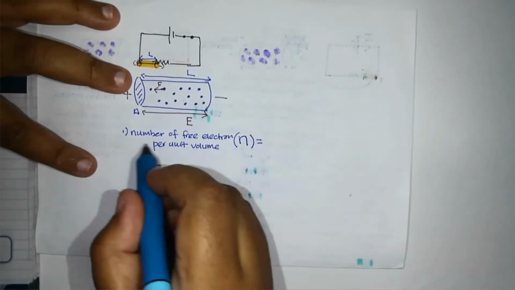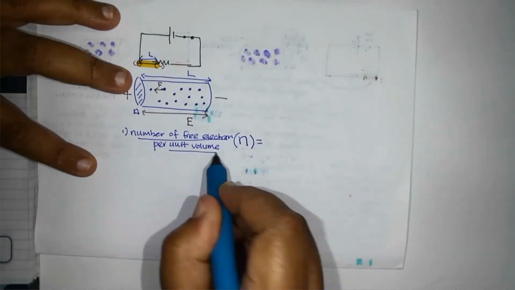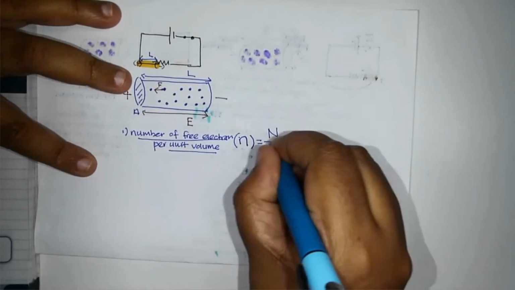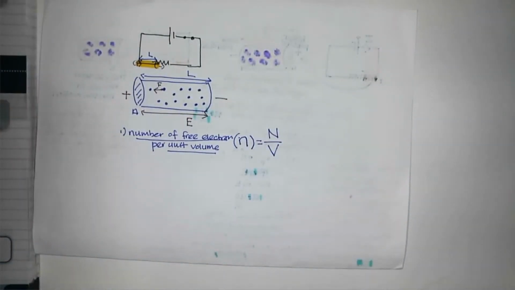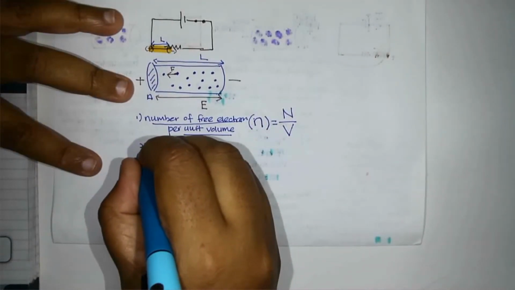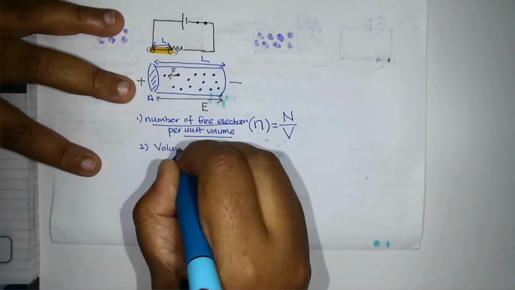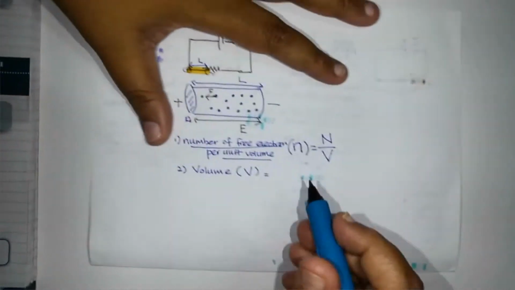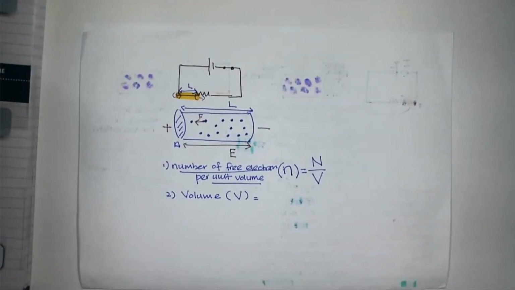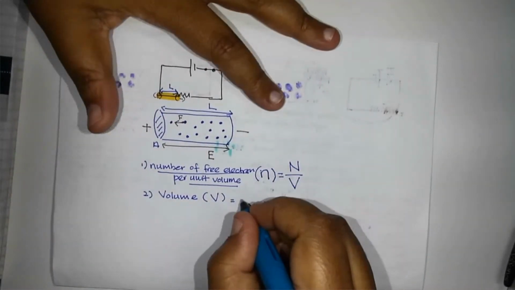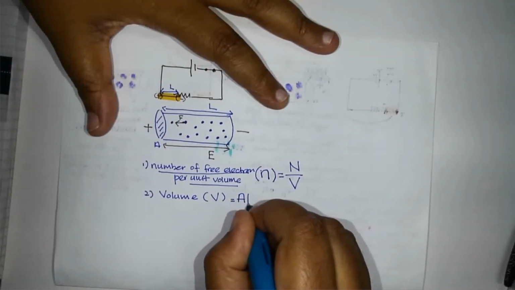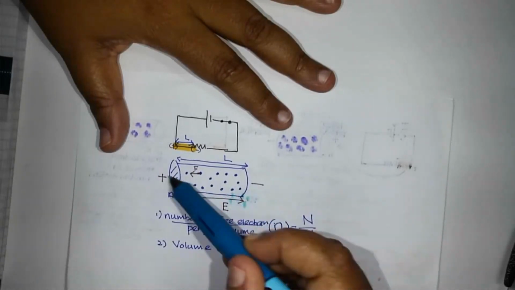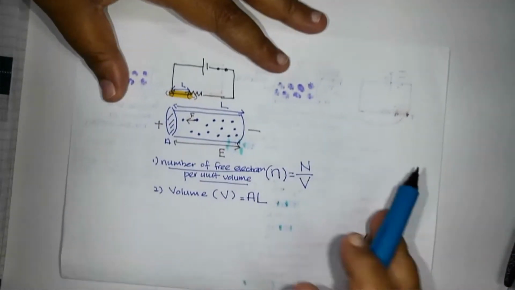The number of free electrons per unit volume is capital N over V. Number 2, volume. V equals A times L. The volume of this wire is A times L.